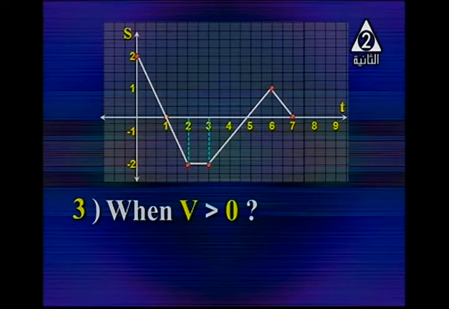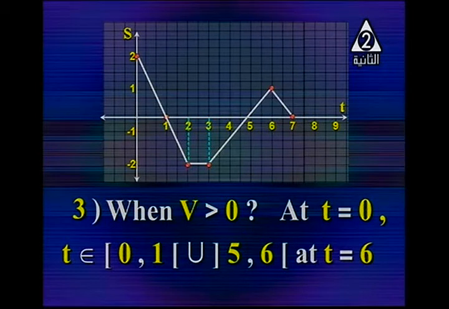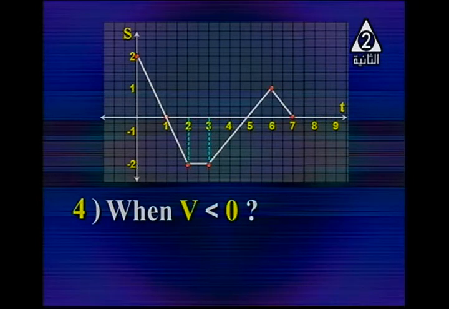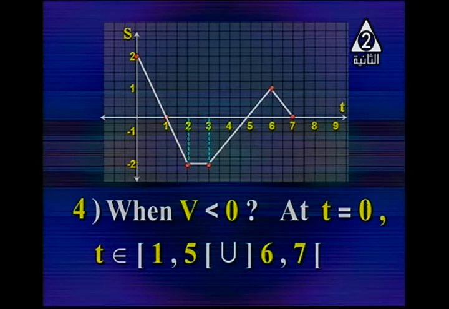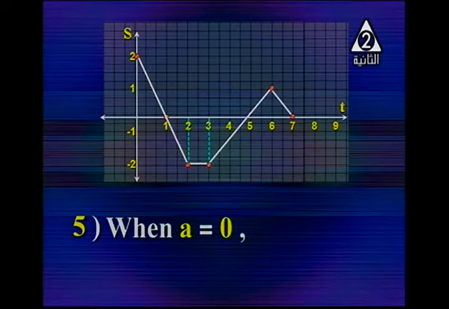Number 3: when v is more than 0, t belongs from 0 to 1, union 5 to 6. When v is smaller than 0, t belongs from 1 to 5, union 6 to 7. When a equals 0, t belongs to the open interval to 3.